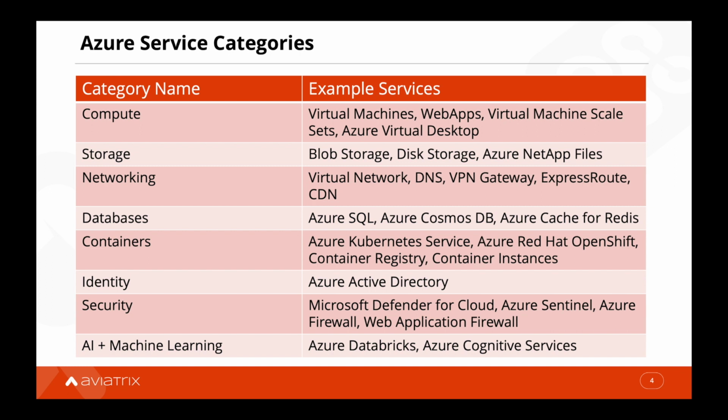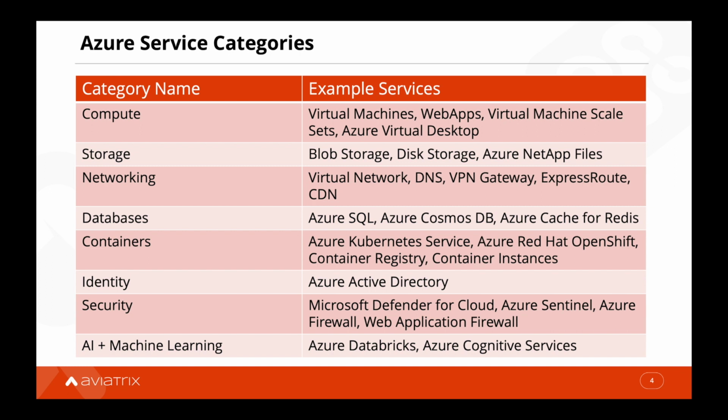Under the identity category, we have Azure Active Directory, which, again, is the identity store used across all Microsoft cloud offerings. Then under security, we have services like Microsoft Defender for Cloud, which is a cloud workload protection platform and a cloud security posture manager. We also have Azure Sentinel, which is a SIEM and a SOAR system.